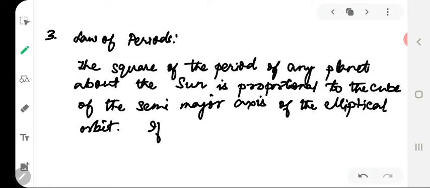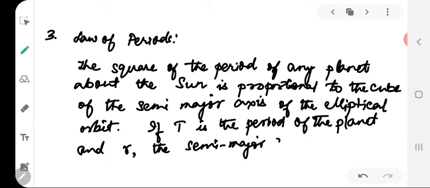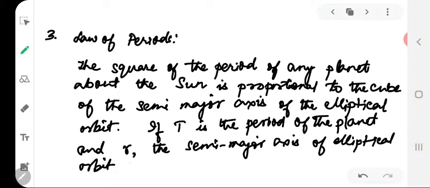So if T is the period of the planet, that is the time period of revolution, and R is the length of the semi-major axis of the elliptical orbit, then T square is proportional to R cube.